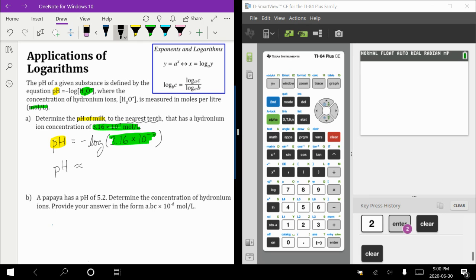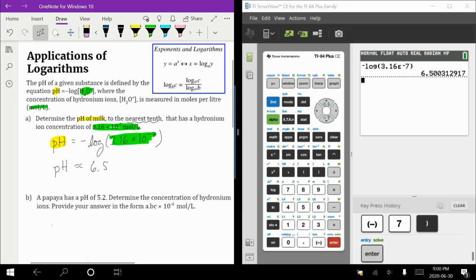So that's going to give us negative log of 3.16, second comma to pull up the times 10 to represent scientific notation, times 10 to the negative 7. Close that off. And we're getting approximately 6.5 as the pH.